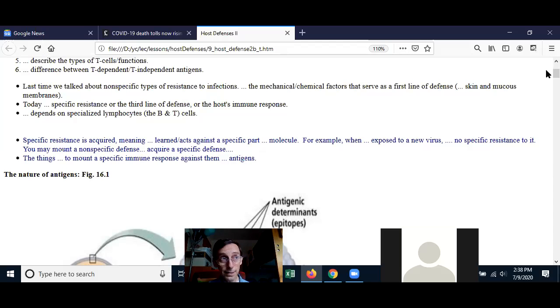Remember that the skin does secrete sweat, and there can be the enzyme lysozyme in it, as well as sodium chloride. And the skin can also secrete sebum, which is a very thin barrier to infection.